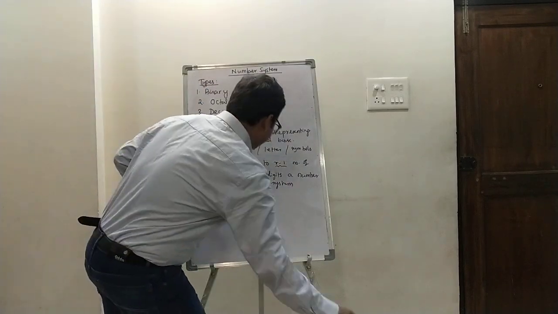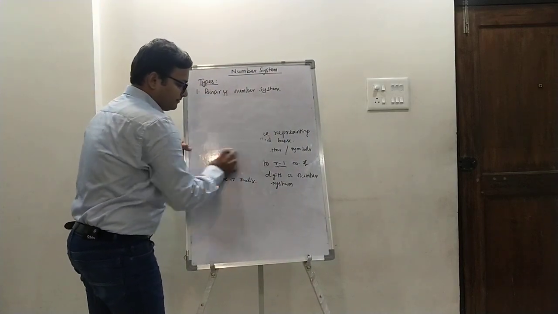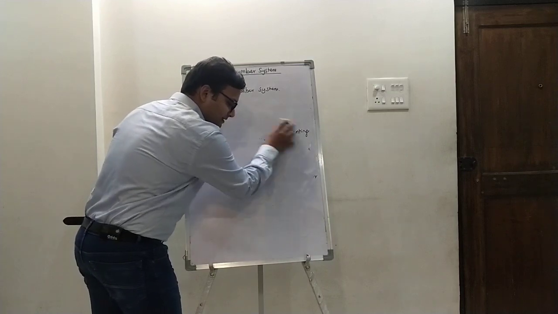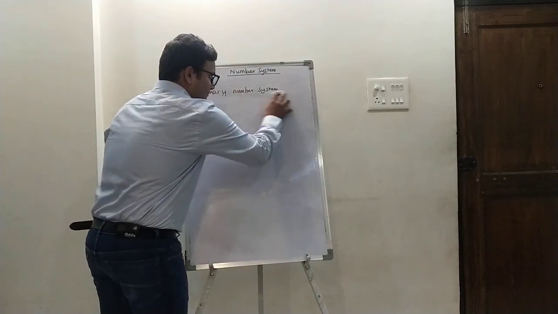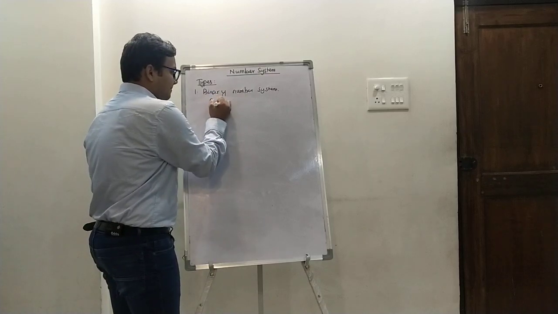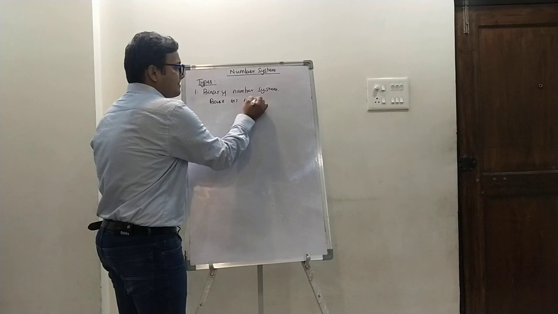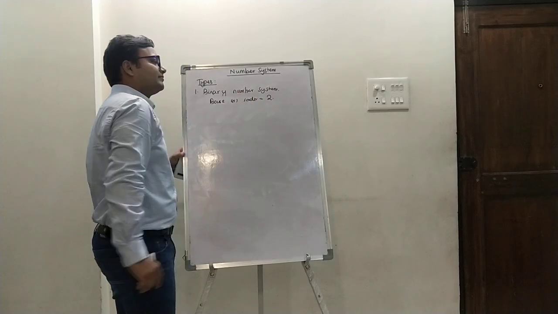So we'll start with the binary number system. In the binary number system, the base or radix is 2.